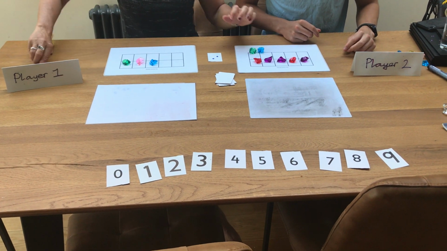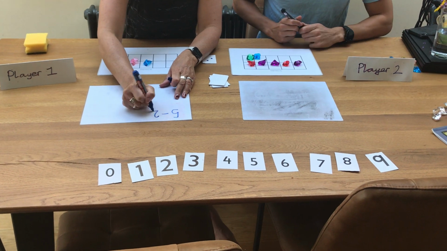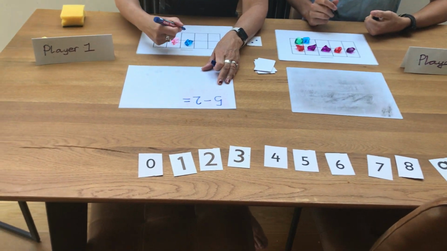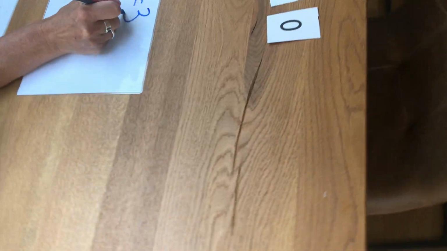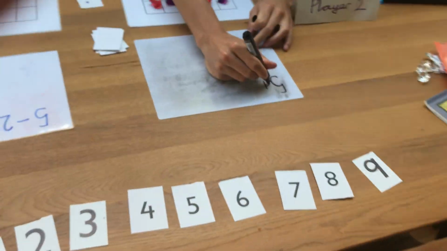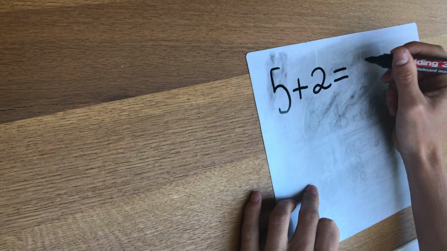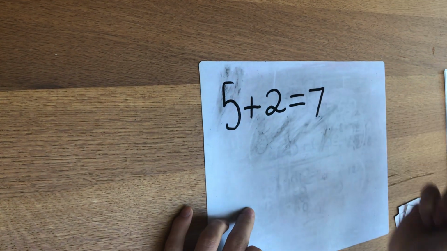So I would write the equation 5 take away 2. That is equivalent to 1, 2, 3. Equally, my partner has an addition equation. He started with 5 and he added 2, and that's equivalent to 7.